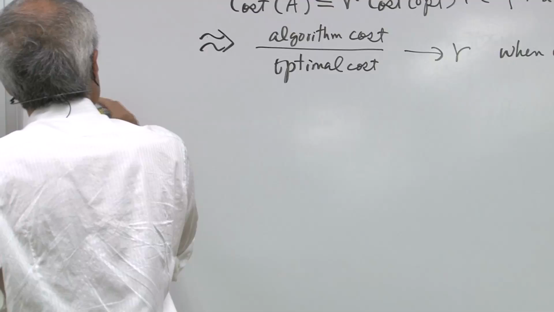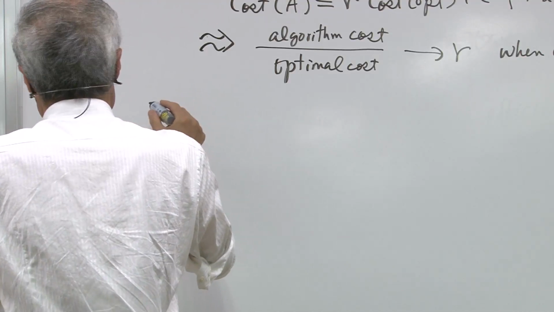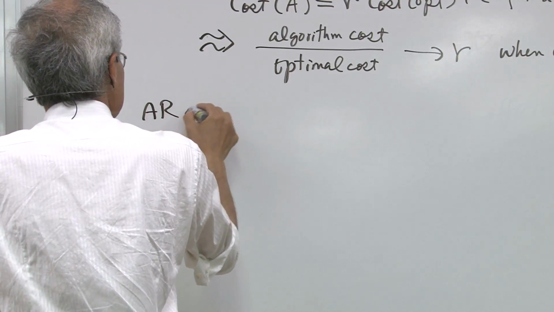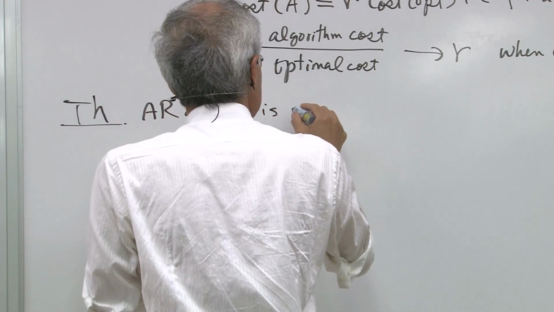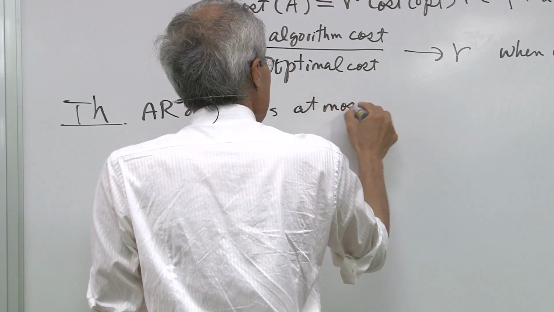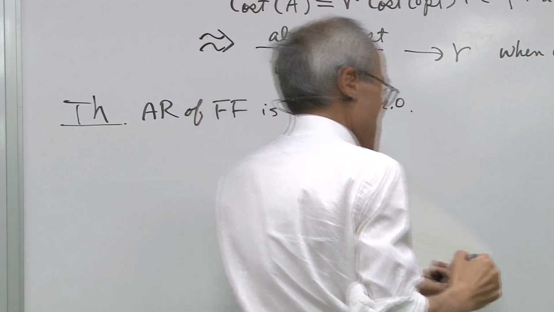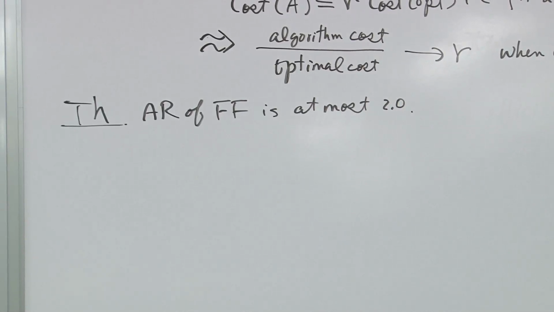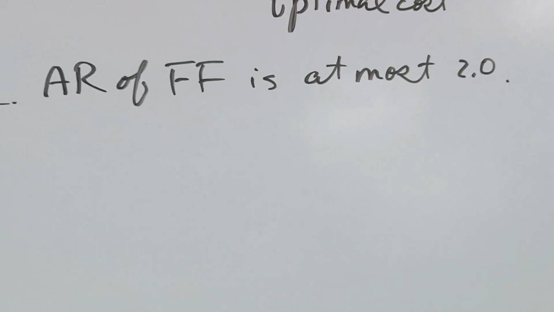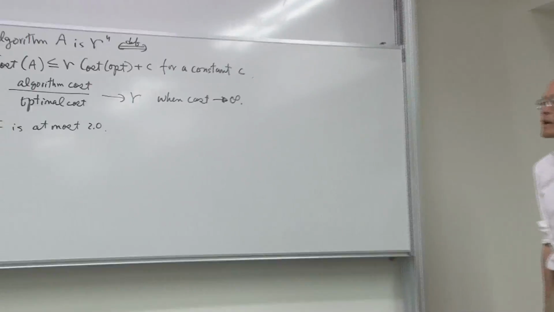Now, the theorem. Our algorithm, First Fit, has an approximation ratio of at most 2.0.